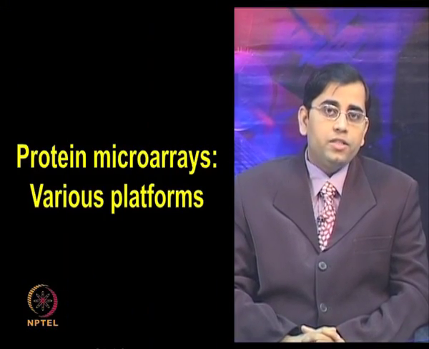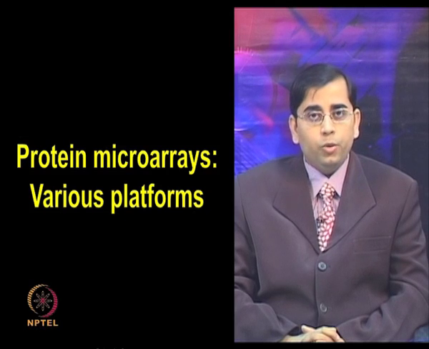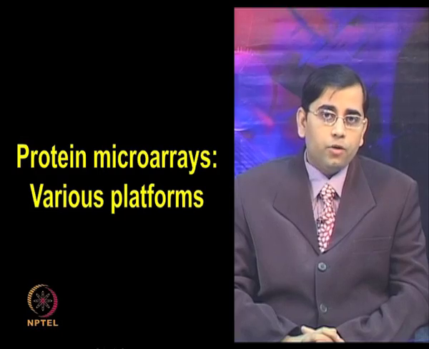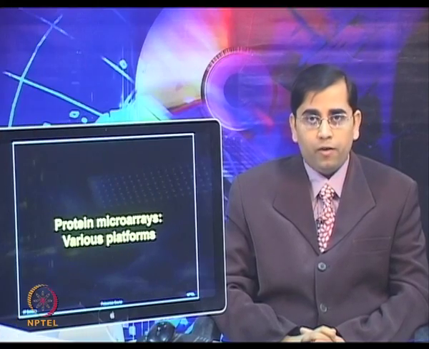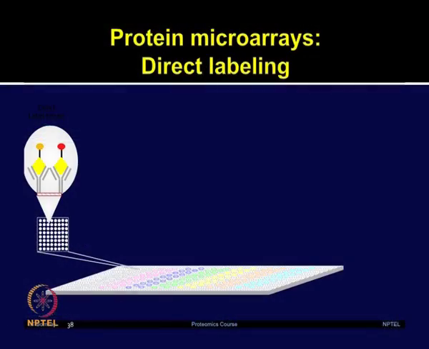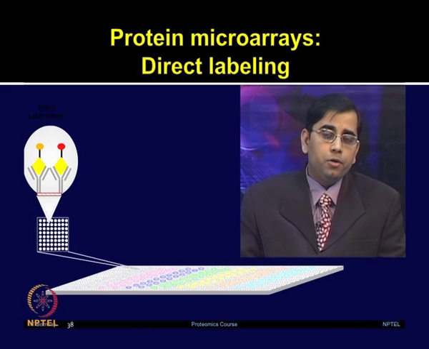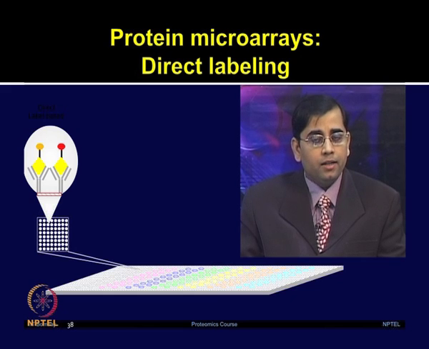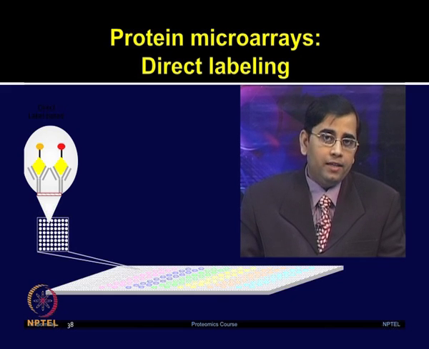So, the different types of platforms which are available for studying proteins by using protein microarrays. Let us have a quick look at some of these available platforms. Antibodies have been printed on the chip surface for various proteomic applications in various orientations.